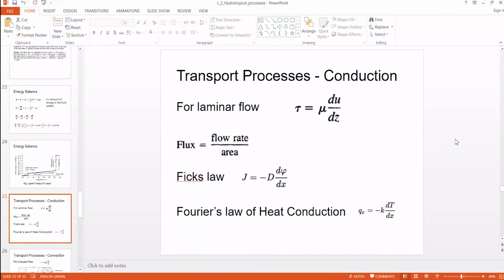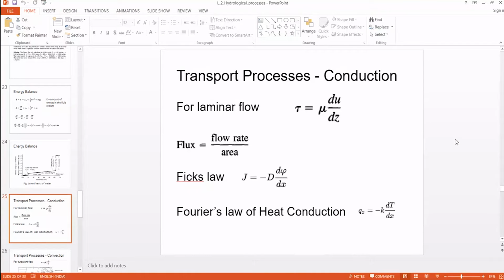Similarly, there is conduction for momentum. In fluid flow, especially in laminar flow, the momentum transfer takes place through conduction. In laminar flows, tau, which is also called shear stress, has the same units as momentum flux.